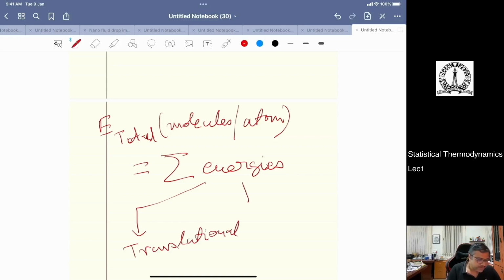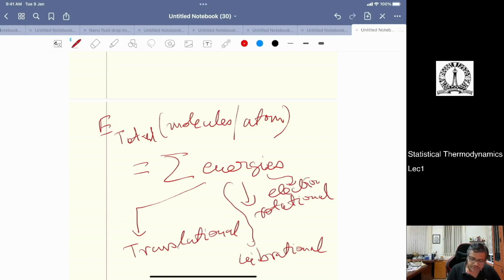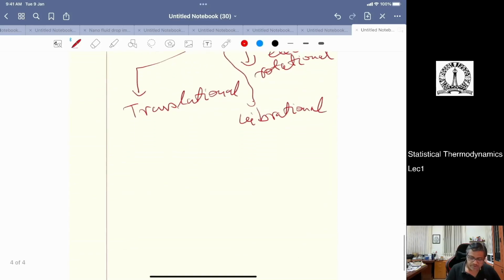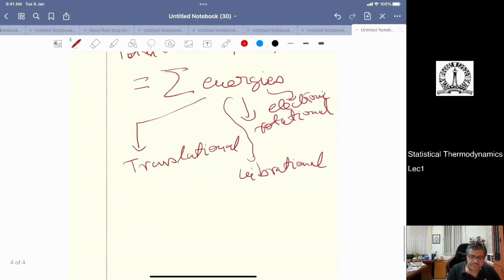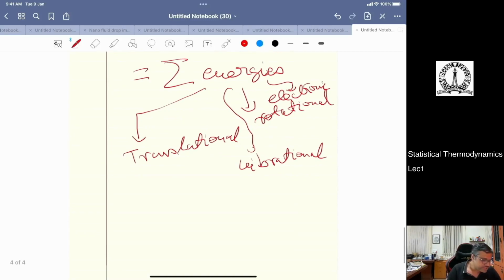Translational, we will come to what these mean in a second. Then of course there is rotational, there is vibrational, and there is of course electronic. So these are the sources of energy.